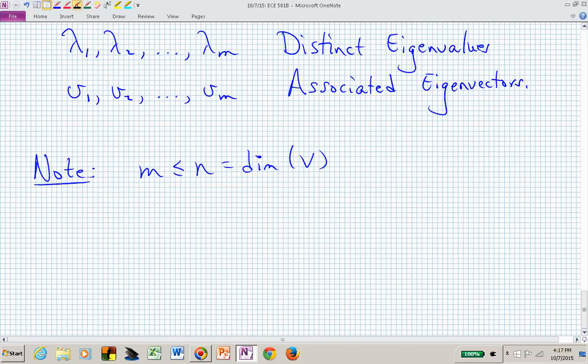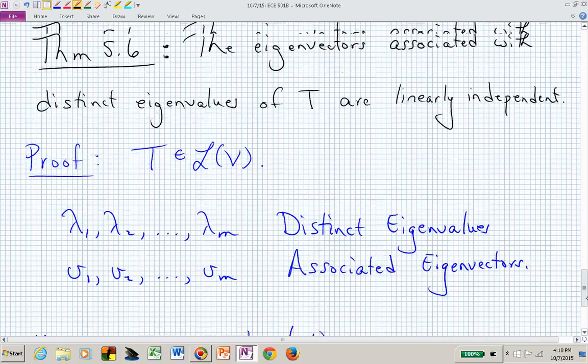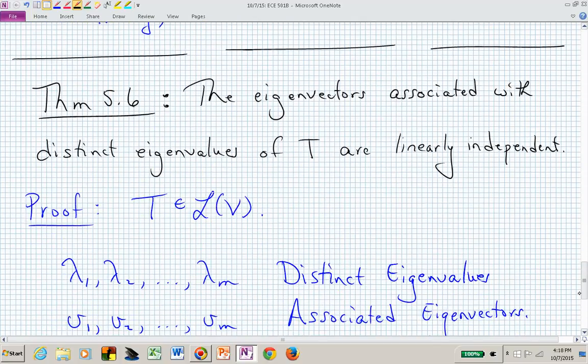And to show this, let's prove it by contradiction. So now we're saying that the eigenvectors associated with distinct eigenvalues of T are linearly independent.